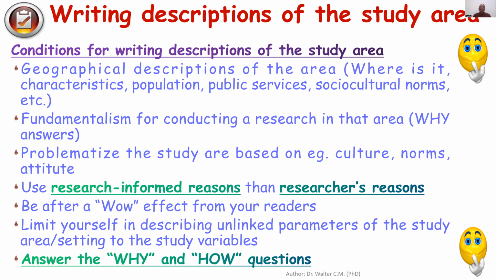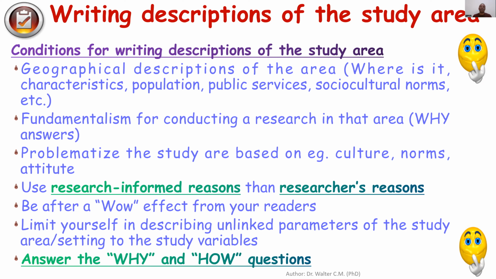You see? So here, you go very deep, detailed, giving your readers more details on the study setting that you are going to conduct your research, or study area. Because some of your readers did not originate from the study area where you are going to collect your data.